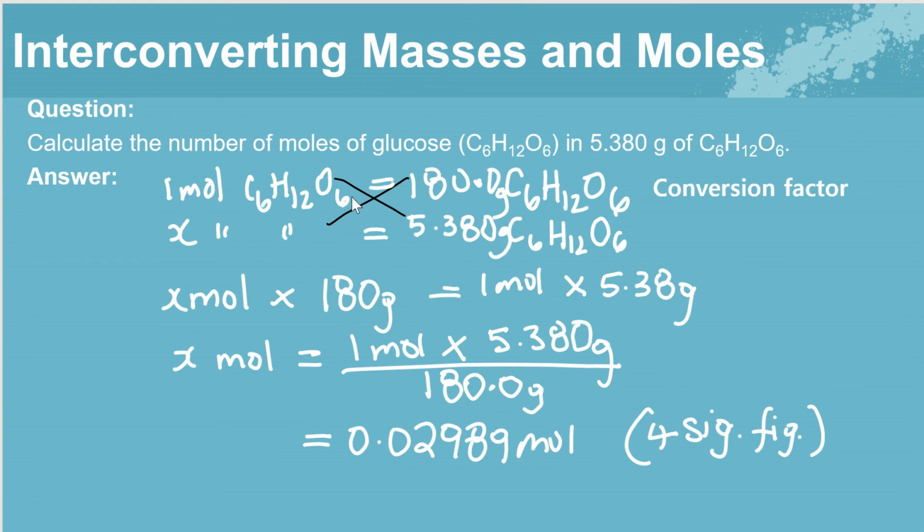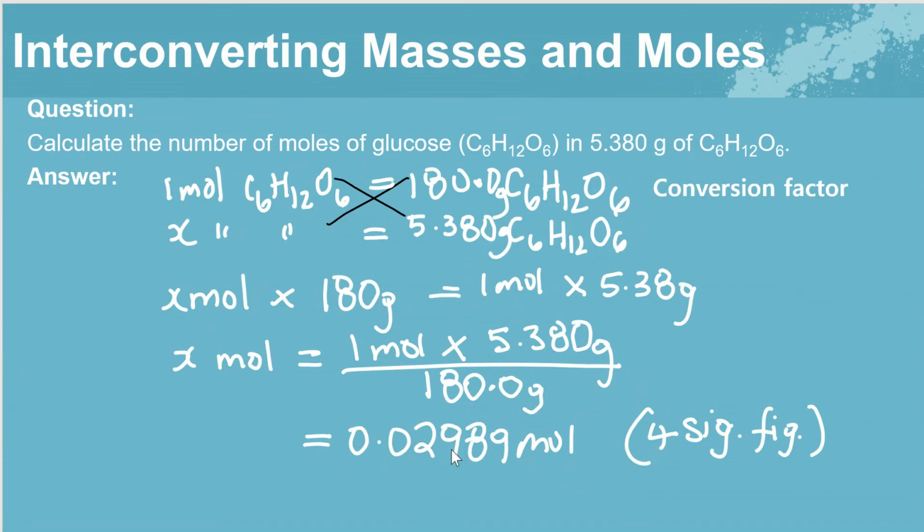All we have to do is cross multiply and make X the subject of the formula, and we get moles. Whenever we are doing any calculations, we are to be cognizant of the rules of significant figures.